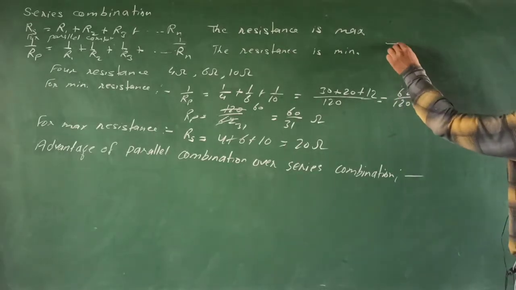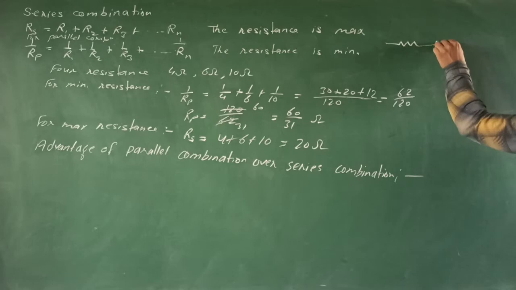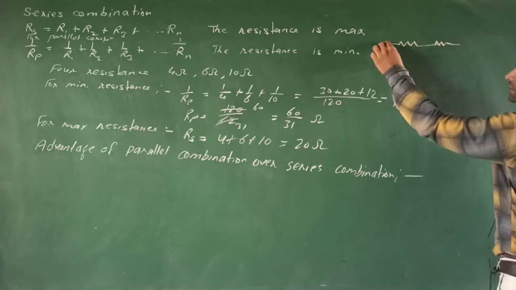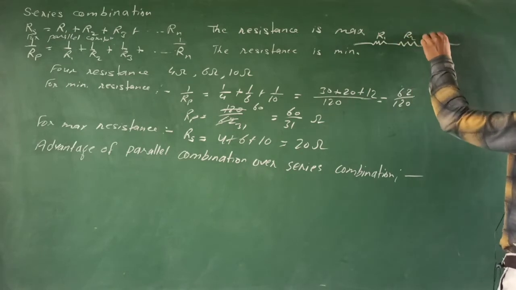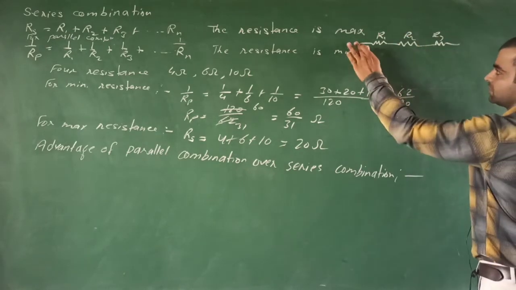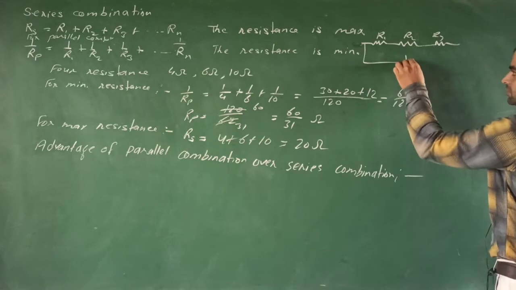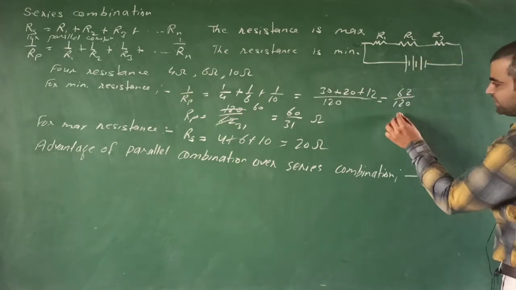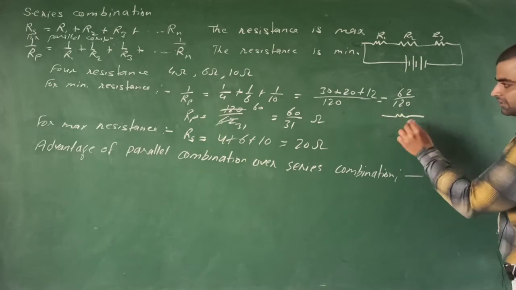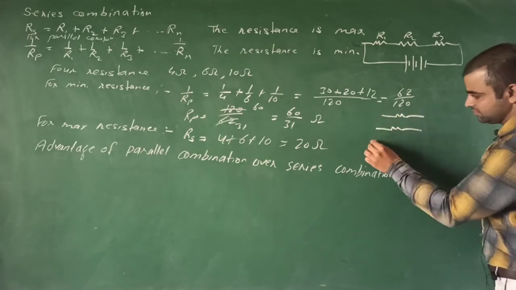In series combination, resistances are combined as, this is R1, R2, R3. And in parallel combination, resistances are combined as follows.